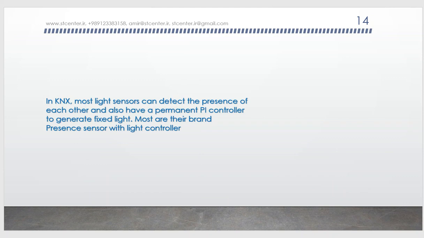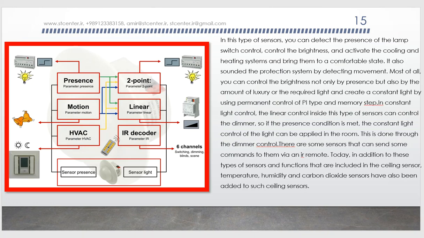In KNX, most light sensors can detect presence and also have a permanent PI controller to generate fixed light. Notice that nowadays most brands provide the presence detector with a light controller inside, because in this way, according to the standard EN 15232, we can reach grade B or A in energy usage.